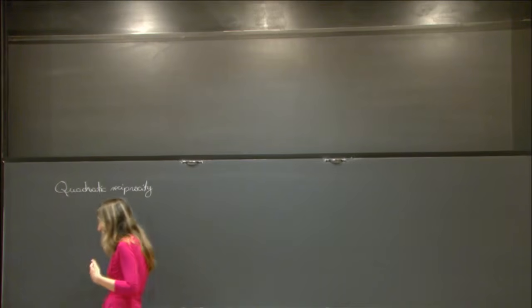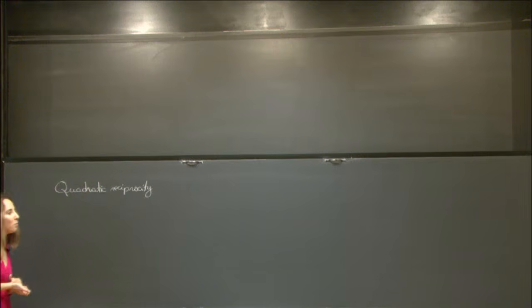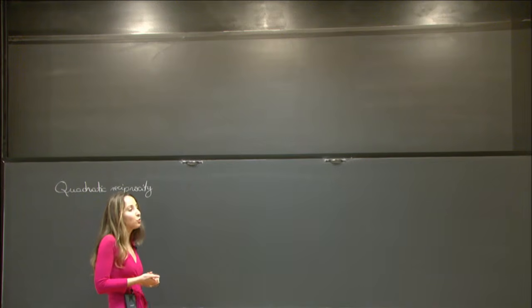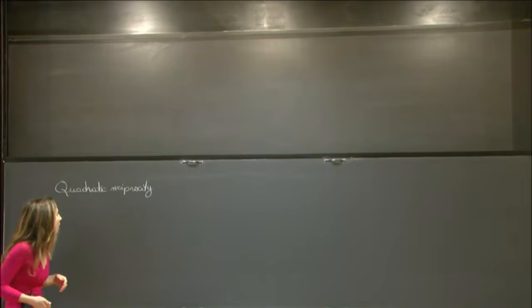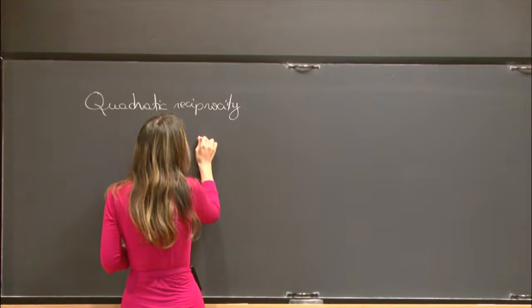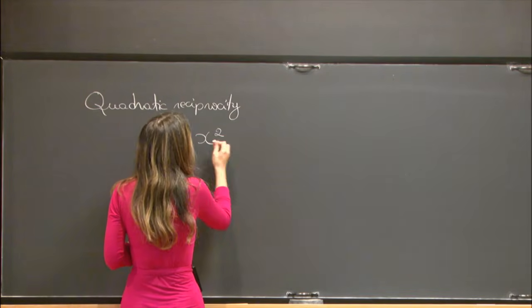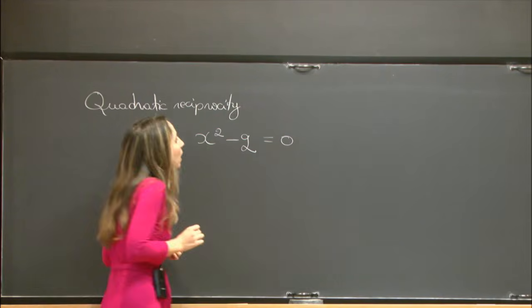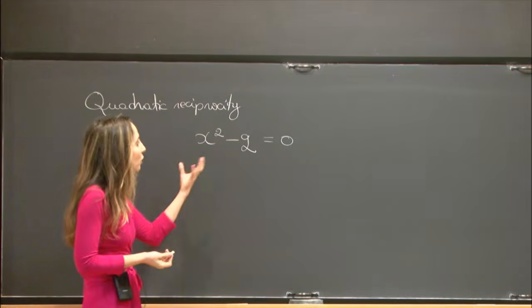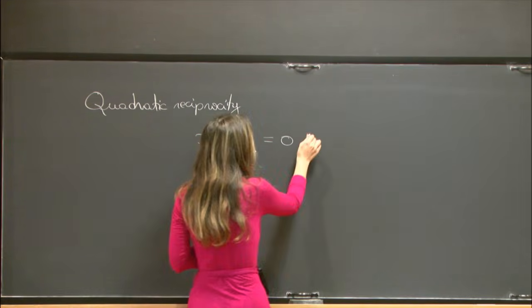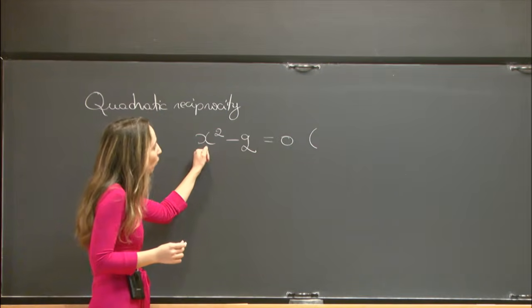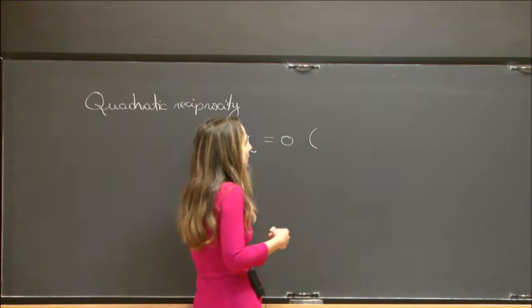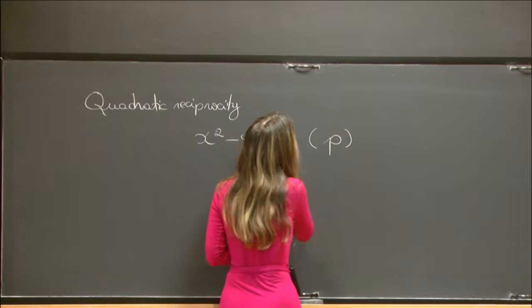You can ask a more general question. You can ask, okay, what can the last digit of a perfect square be, not in base 10, but in base p, where p is some large prime number? So, for example, if q was some other prime number, you could ask about the equation x squared minus q and whether that has solutions, but not trying to solve this equation on the nose, but rather, can you find a whole number x such that x squared minus q is some multiple of a prime number p?